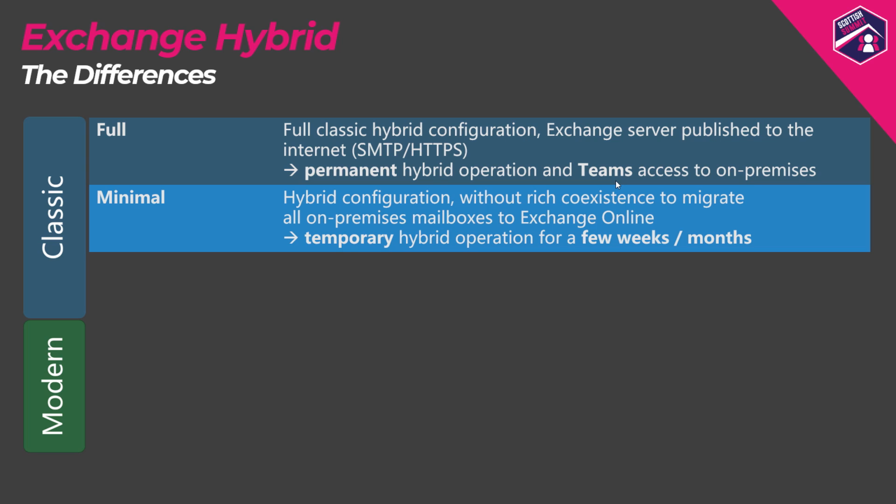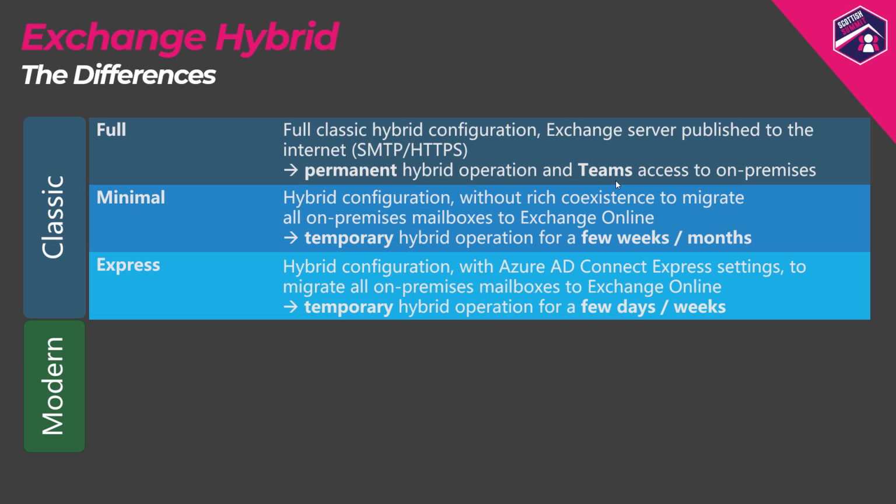The Minimal Classic is used for temporary hybrid operation for a time of about a few weeks or months, where your overall goal is to migrate all of your on-premises mailboxes to Exchange Online. The Classic Express is more or less the same as Minimal, but slightly different because it's for temporary hybrid configuration for a time frame of just a few days or weeks.